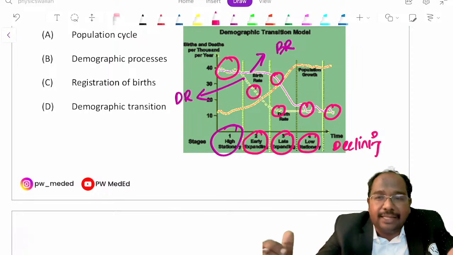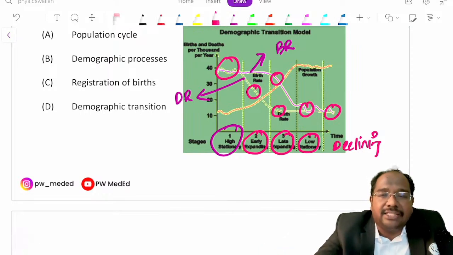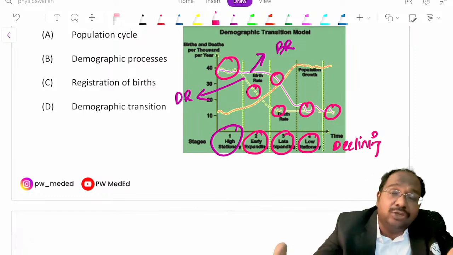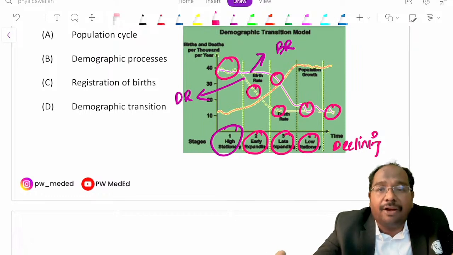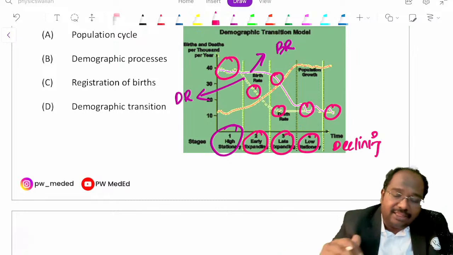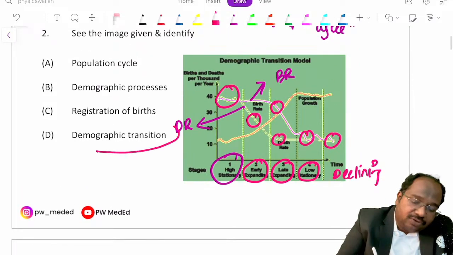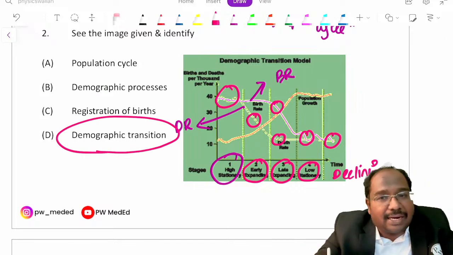Early expanding: death rate starts declining. Late expanding: both are decreasing. Low stationary: both are low. And finally, birth rate is lower than death rate, that means the number of people born in a year is less than the number of people who died in a year. This movement is called demographic transition, the answer to this question.